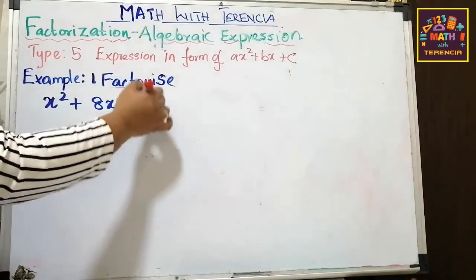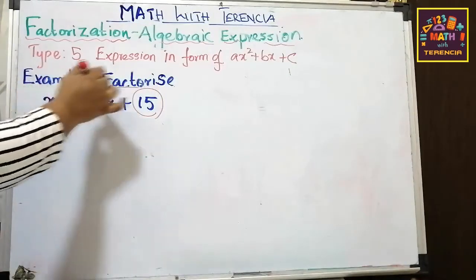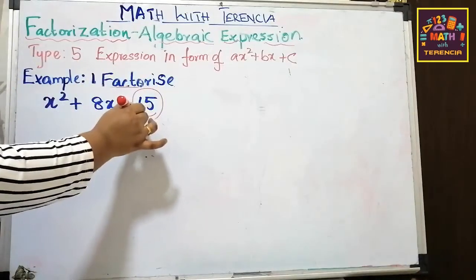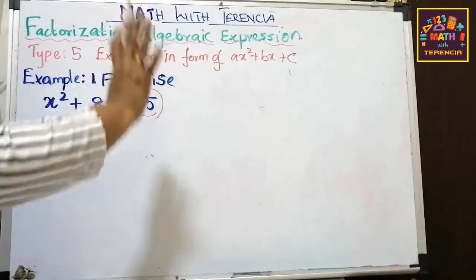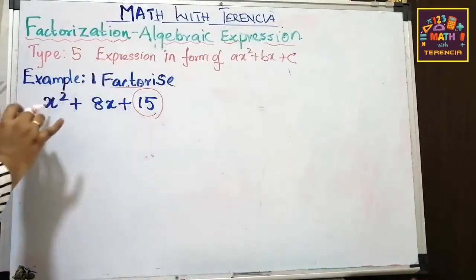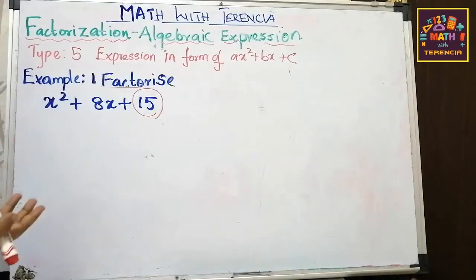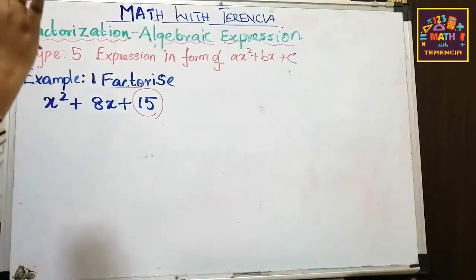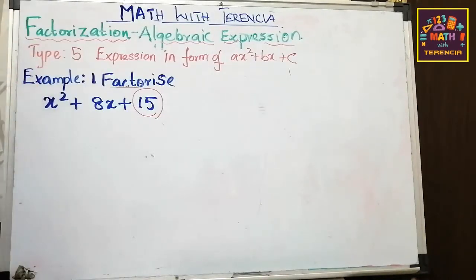If the first and the last term are perfect squares, you are going to use only the identities. If even one of them is not a perfect square, then we can't use the identities, we can use only this method.